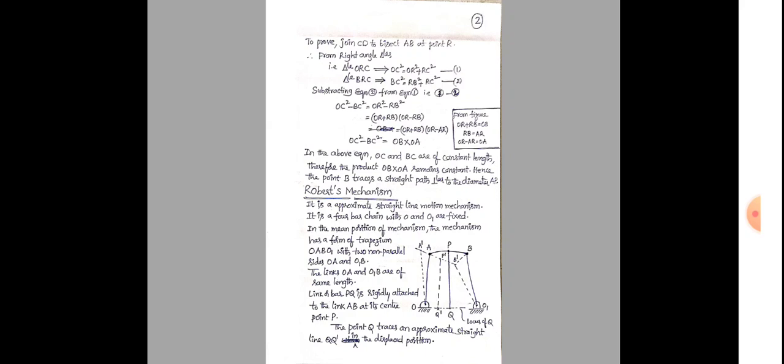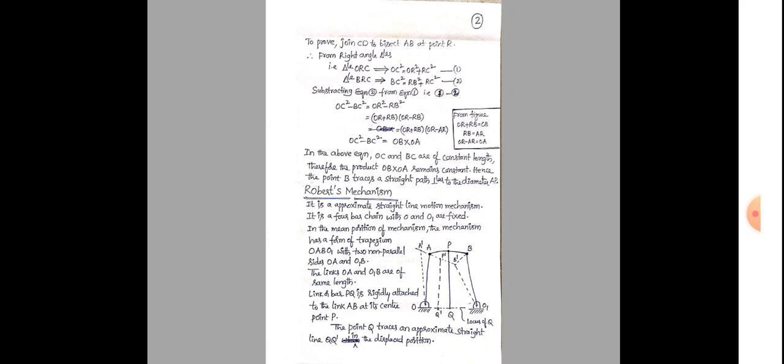The links OA and O1B are of the same length, but they are not parallel. Strictly speaking, a trapezium means these two must be parallel, but here it appears like a trapezium with two non-parallel sides. However, the lengths of OA and O1B are the same.